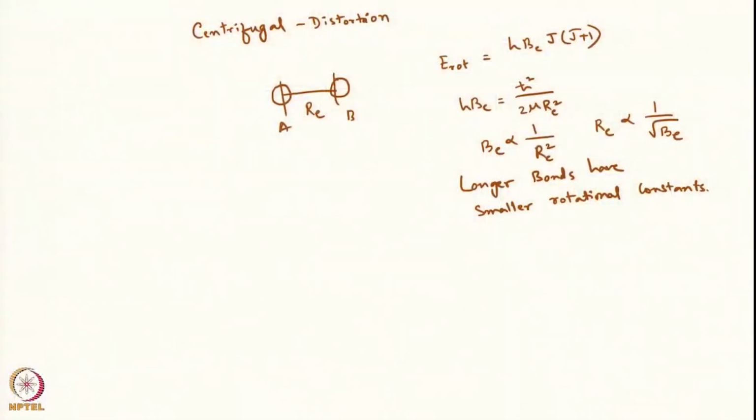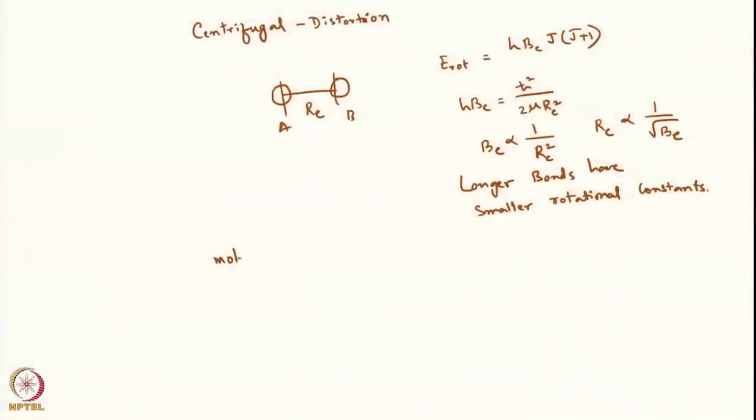Now, fortunately or unfortunately, molecules are not rigid rotors. That means you cannot hold molecule AB such that the positions of A and B are locked up.